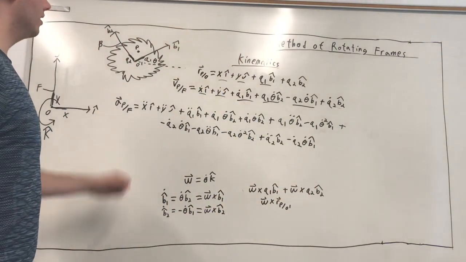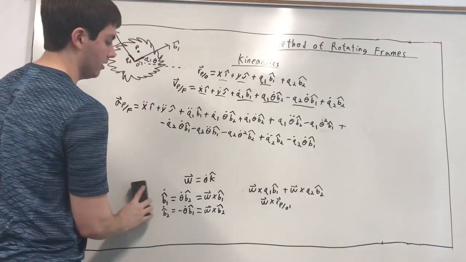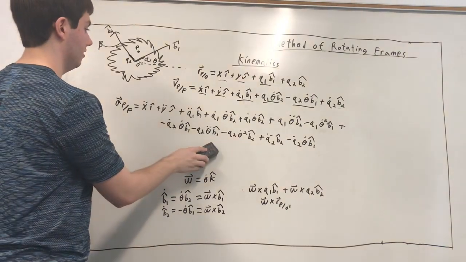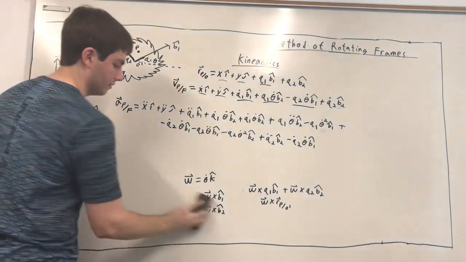Okay, that's a lot of terms. I'm going to now erase this part down here, take a picture, write it down, and I'm going to continue the derivation from this part to the 5-term acceleration part.